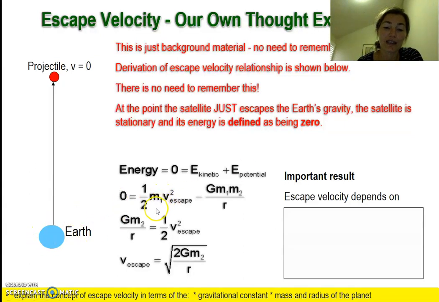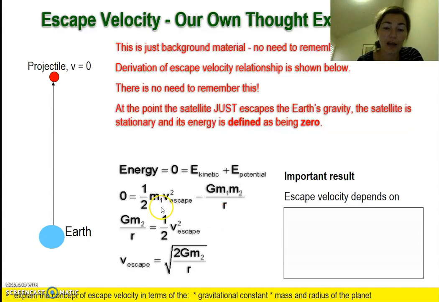Then we can use the equation of circular motion as one part of the force that is keeping the object in orbital motion. That's supposed to be a circle. And we also know that the force providing that circular motion is the same as the force due to gravity. And that's the other equation here.